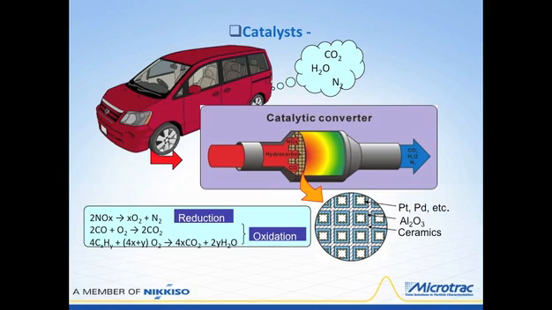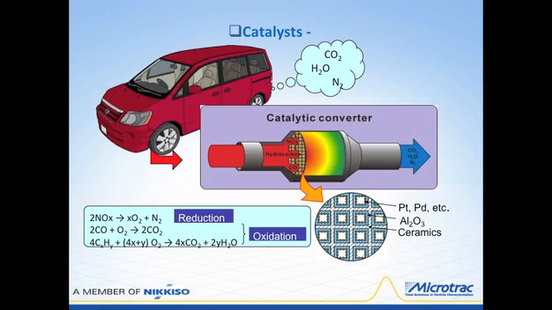One really prime example of this is catalytic converters that are in automobiles. And we know that gas engines produce many compounds, and some of those compounds are various nitrogen oxides, carbon monoxide, and various types of hydrocarbons.